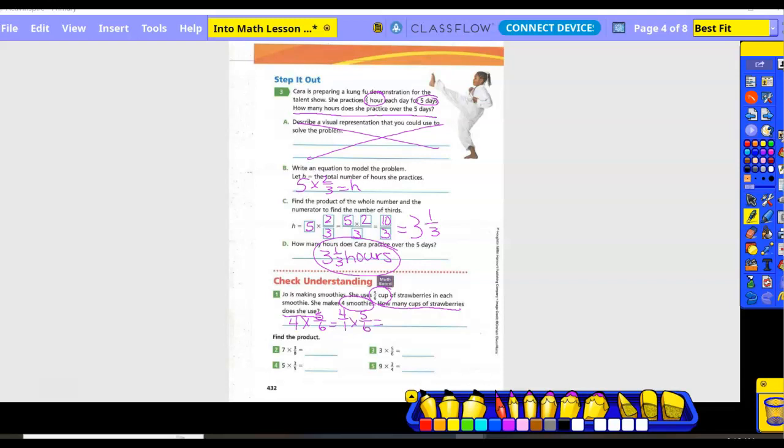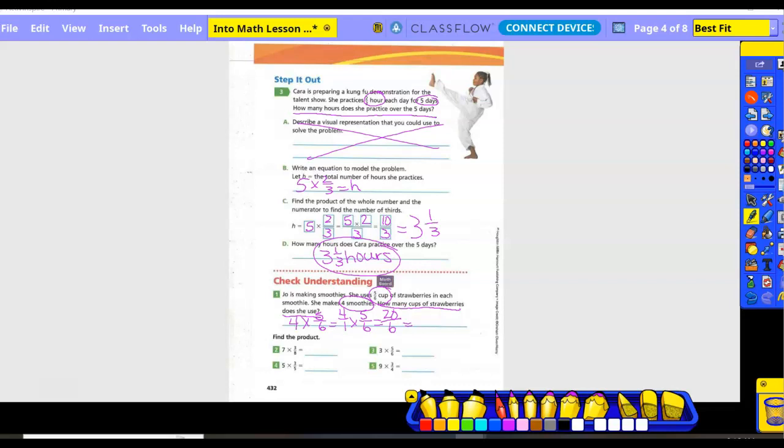And then I can just work straight across, right? So 5 times 4 is what? 20. 1 times 6 is 6. Can I simplify that? Yes. How many times does 6 go into 20?